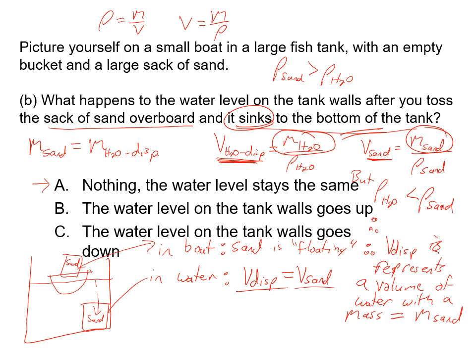So the sand displaces more water when it's in the boat than when it's at the bottom of the tank. So if you take the sand and throw it off the boat and it lands on the bottom, it's now going to displace less water, and the water level on the tank walls is going to go down.